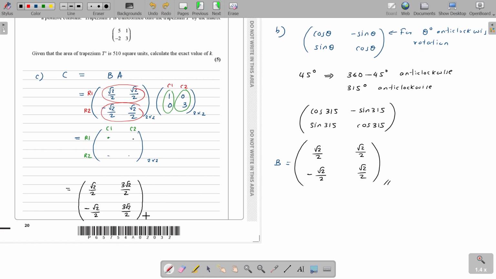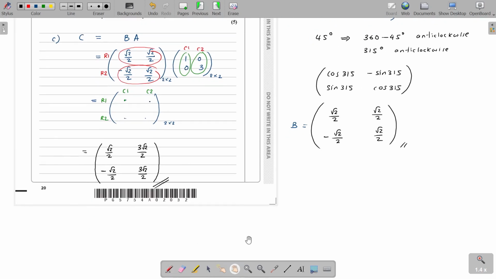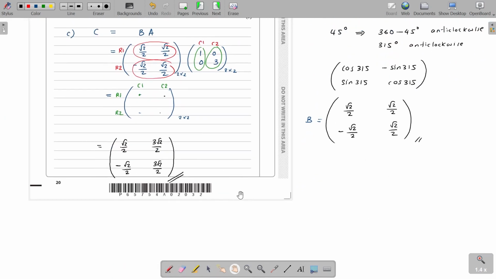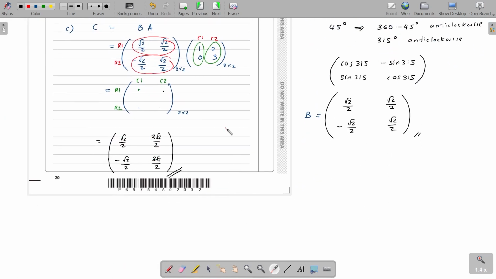Okay, so this is the answer. Is this okay? If you want, how have they asked, have they given us any format? No, they said determine C, so we could keep it like this, or else, root 2 over 2 is common to everyone.